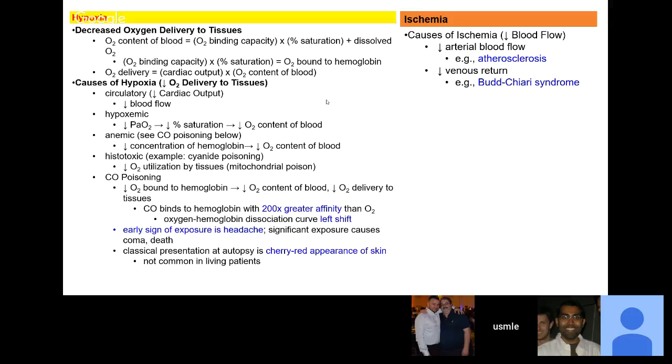The post-hepatic vein. The post-hepatic vein, the vein that comes out, that goes to join the vena cava. Yes, and do not mix it up with Chiari syndrome.